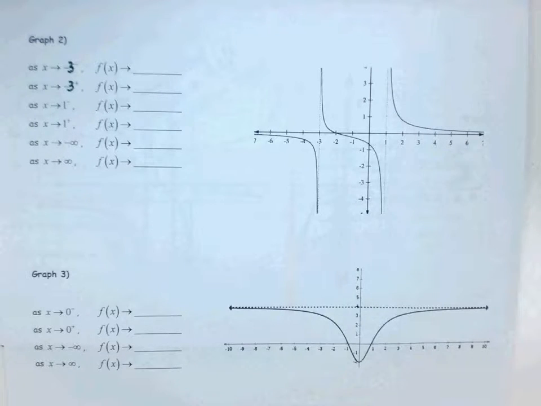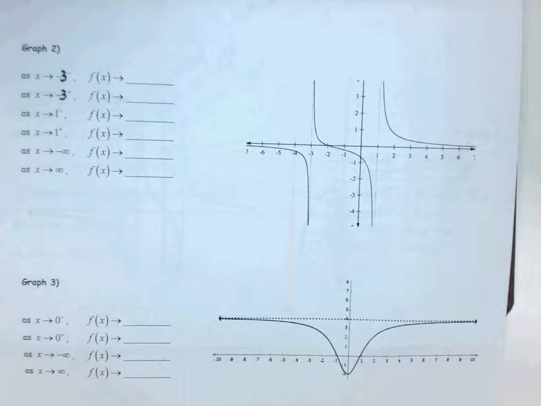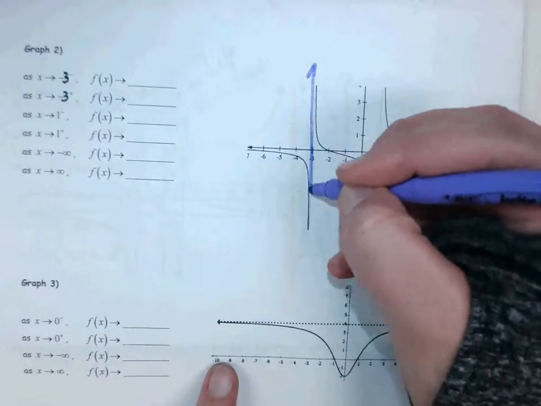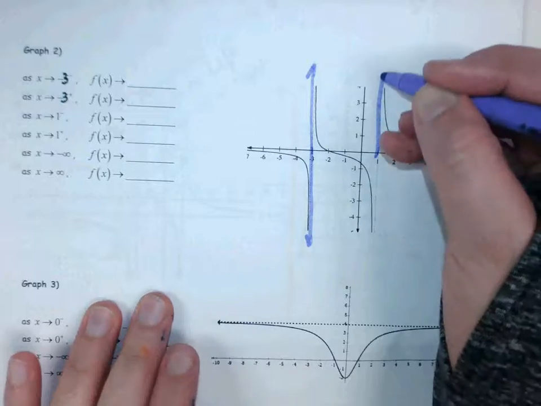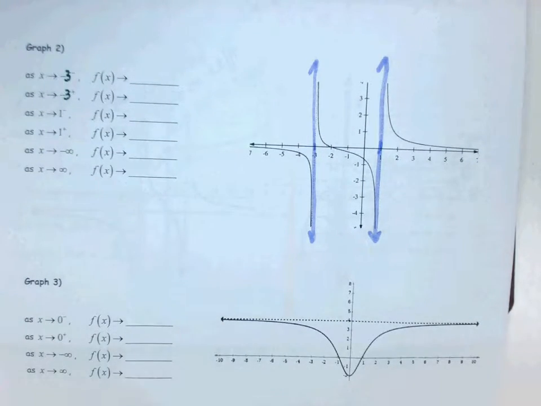So negative 3, where the asymptote is right here. Okay, my negative 3 asymptote.